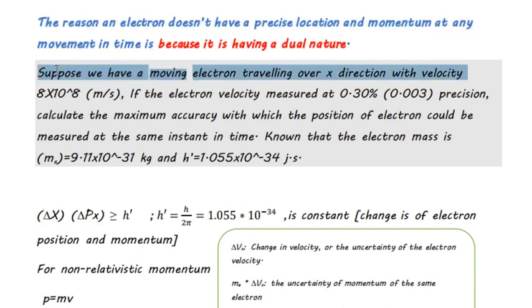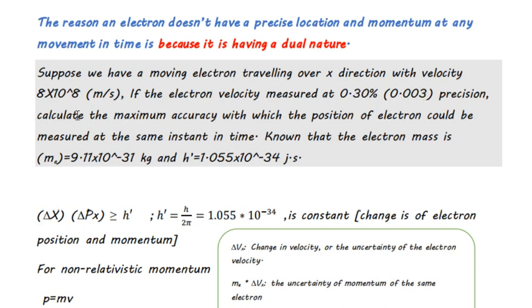The practical part in this class today, we are starting with this example. Suppose we have a moving electron traveling in the x direction with velocity 8 multiplied by 10 to the power 8 meters per second, and the electron velocity is measured at a precision of 0.3%, which is 0.003.